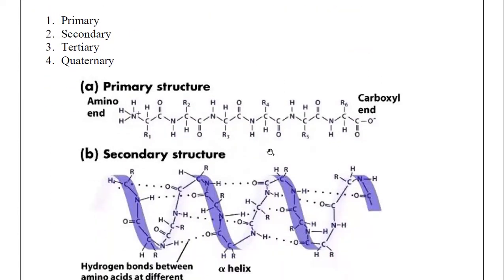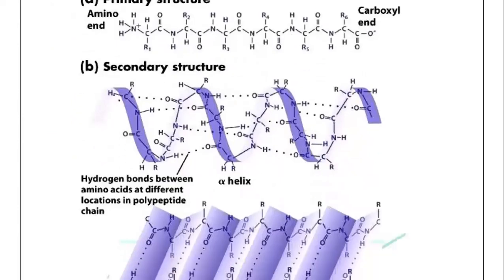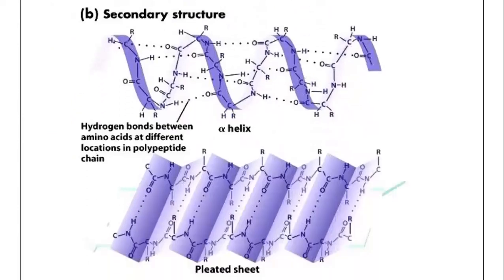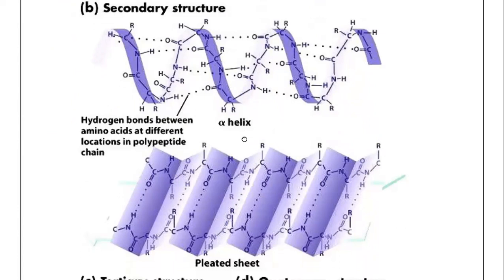Yes, sir. In the secondary structure, there are modifications. According to the modification, they are dividing it into two types. See these two words. One they call alpha helix. The other one they call beta pleated sheet.